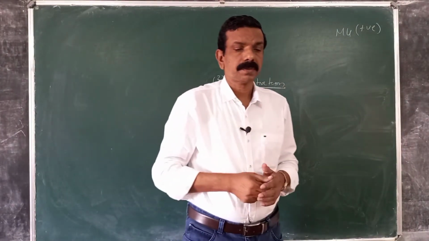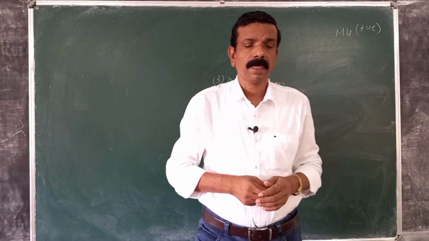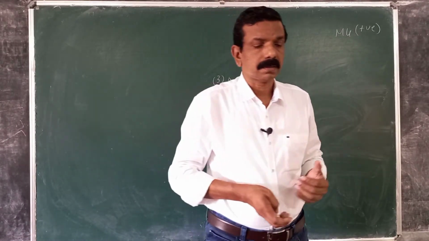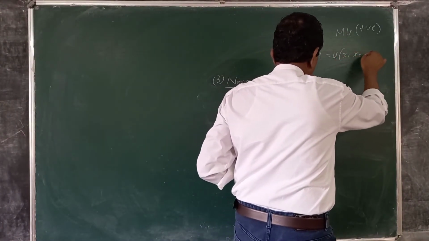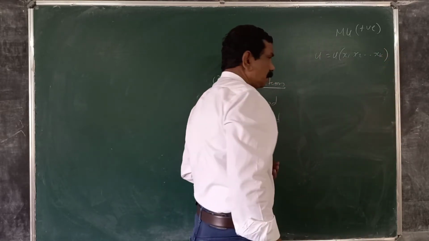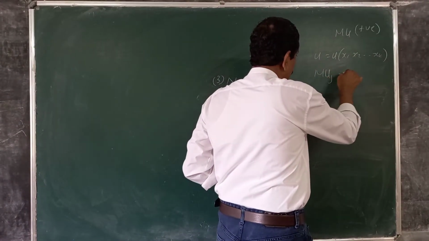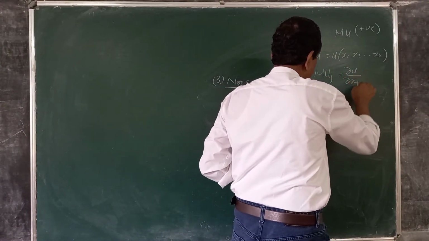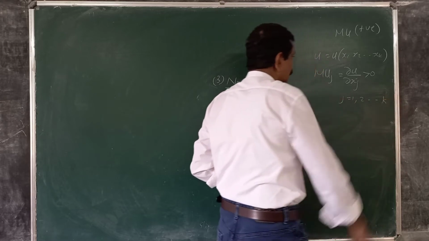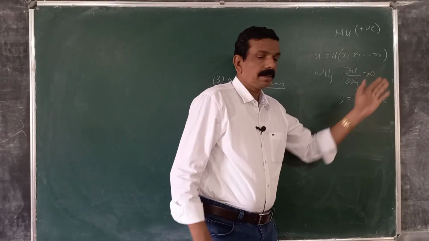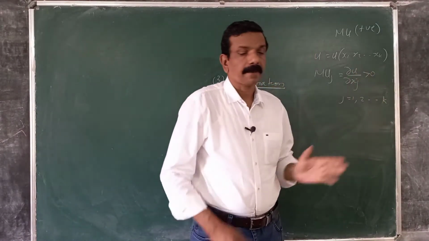In mathematical terms, if U is equal to U(x1, x2, etc., xk), then the non-saturation axiom requires that marginal utility of the jth commodity, that is MUj equal to dou U by dou xj, is greater than 0, for j equal to 1 to k.